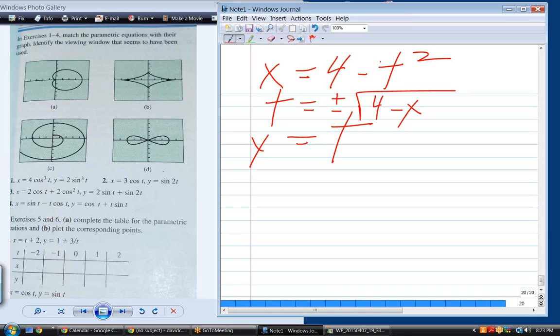In other words, I move the t squared to the other side, move the x to the right, take the square root of both sides. Got it? Yeah. Now set this t equal to this t. So I got plus or minus the square root of 4 minus x equals y.